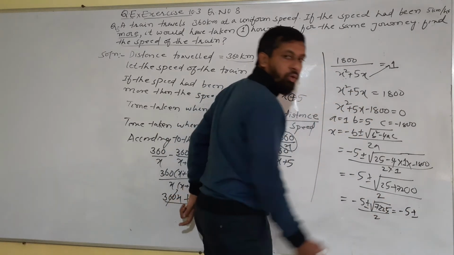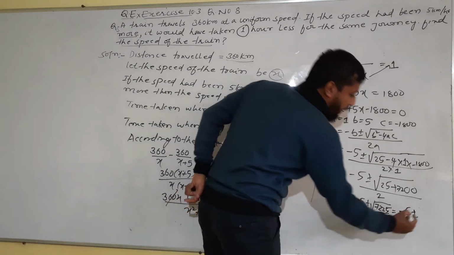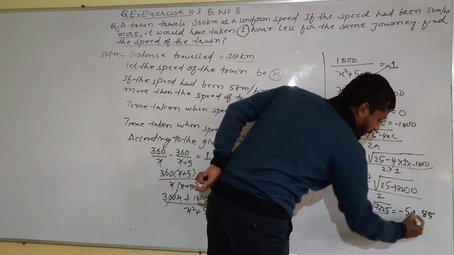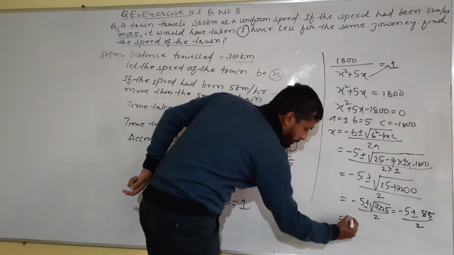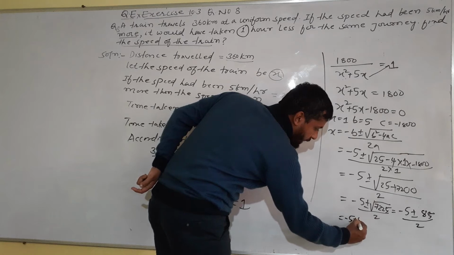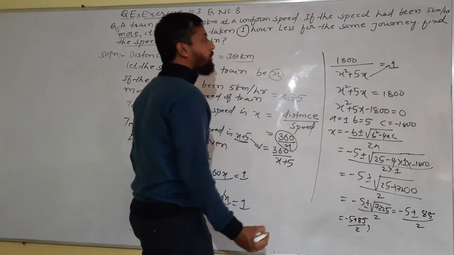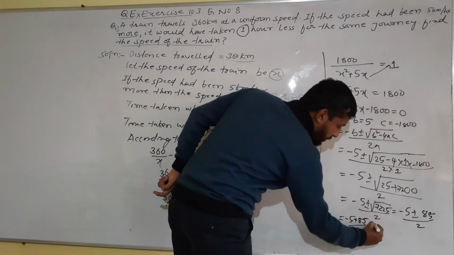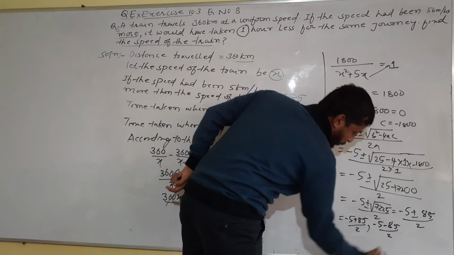This is the square root of 7225. Under root 7225 will be 85, divided by 2. Now minus 5 plus 85 divided by 2, comma, minus 5 minus 85 divided by 2.